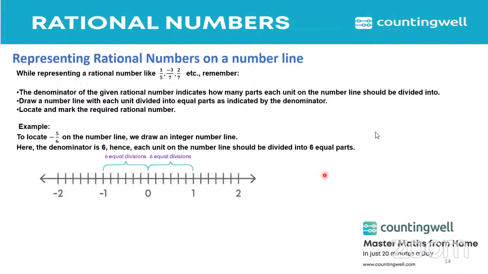So note how each unit is divided into 6 equal parts, or we have made 6 equal divisions here. Now, since the rational number is negative, that is minus 5 by 6, we have to locate the number to the left side of 0.